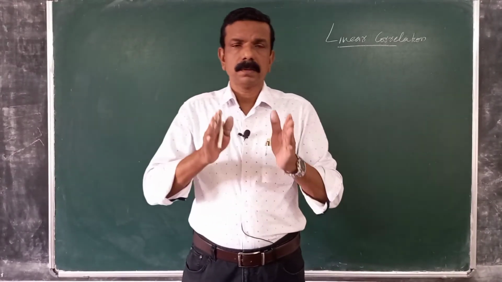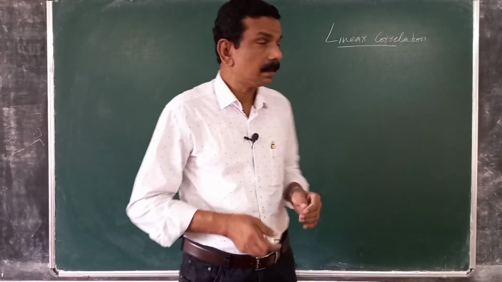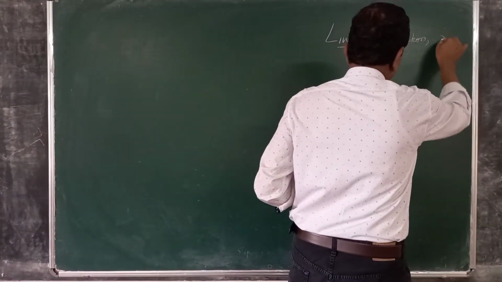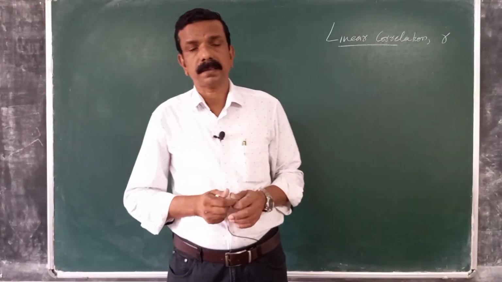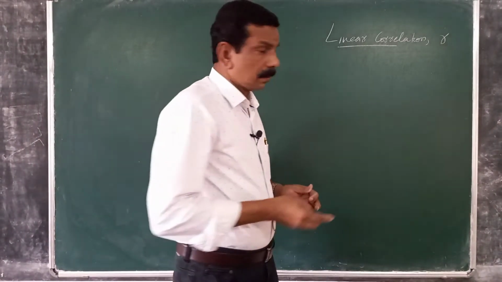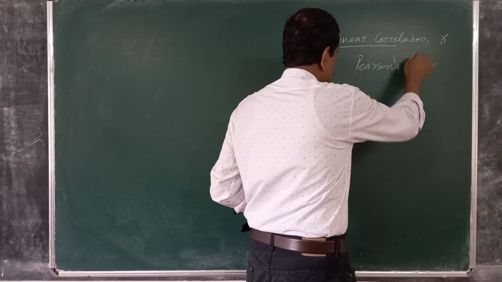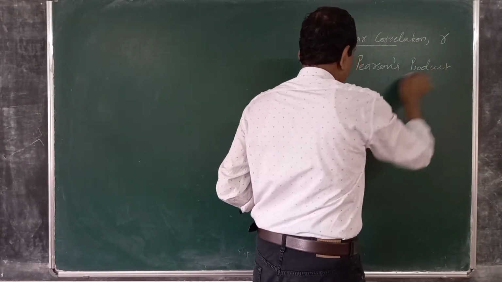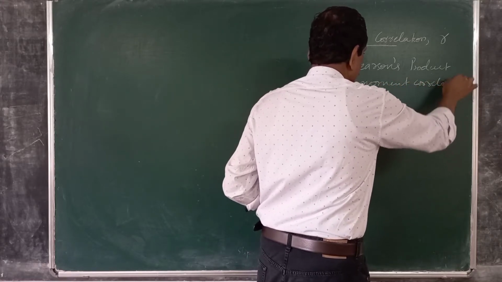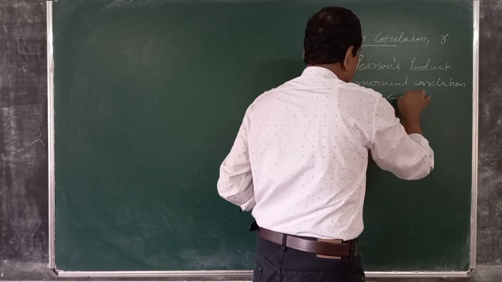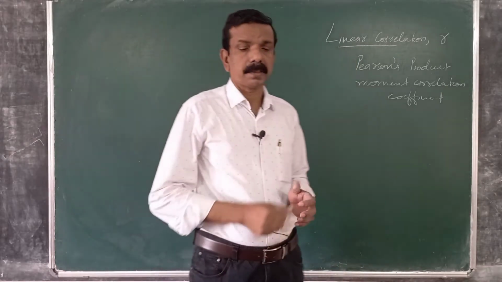The most commonly used measure of correlation is the linear correlation coefficient denoted as R, also known as Pearson's product moment correlation coefficient.